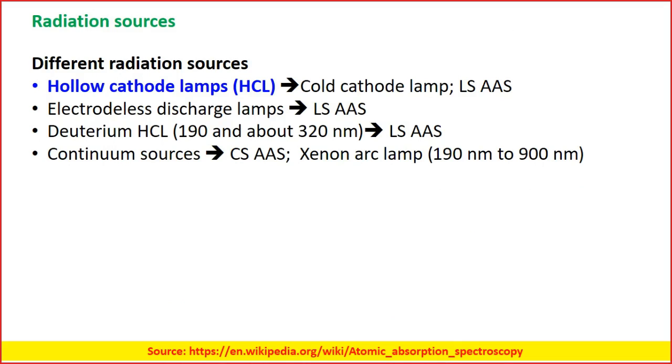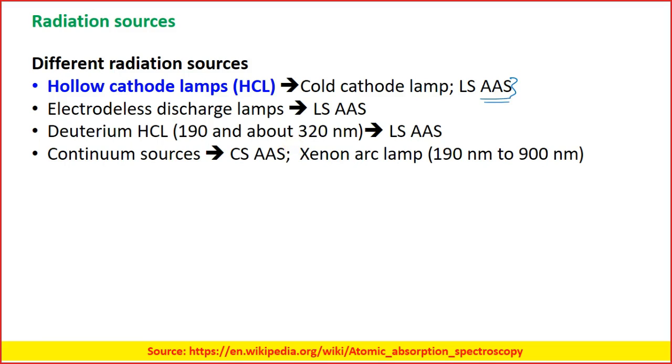So coming to radiation sources, we will initially be talking about atomic absorption spectroscopy. It is most commonly used in biological analysis, especially if you are in environmental biotechnology. It is used for the measurement of sodium, potassium, and other metal ions within the blood.